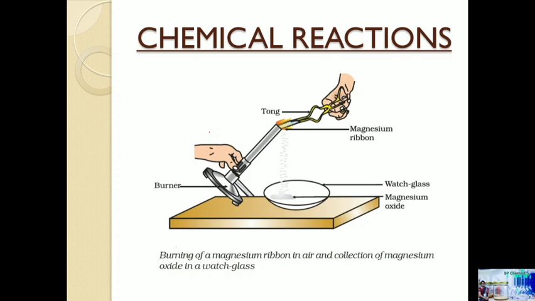Here I have taken an example of a chemical reaction, burning of magnesium ribbon. That means when magnesium ribbon burns in air, it reacts with oxygen to form a white color substance known as magnesium oxide. This is an example of a chemical reaction.